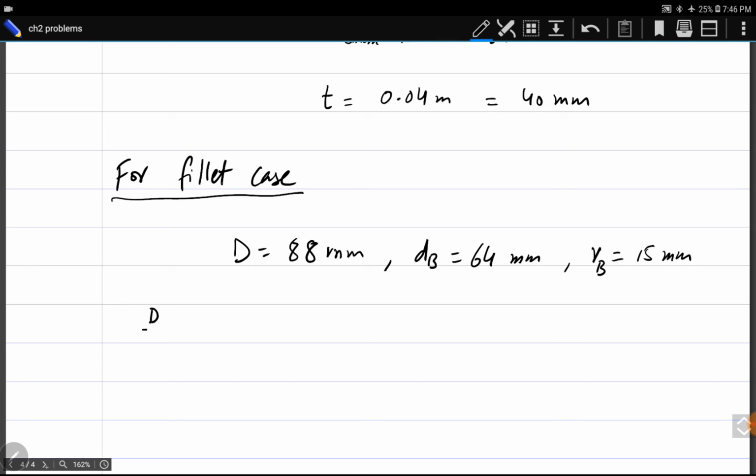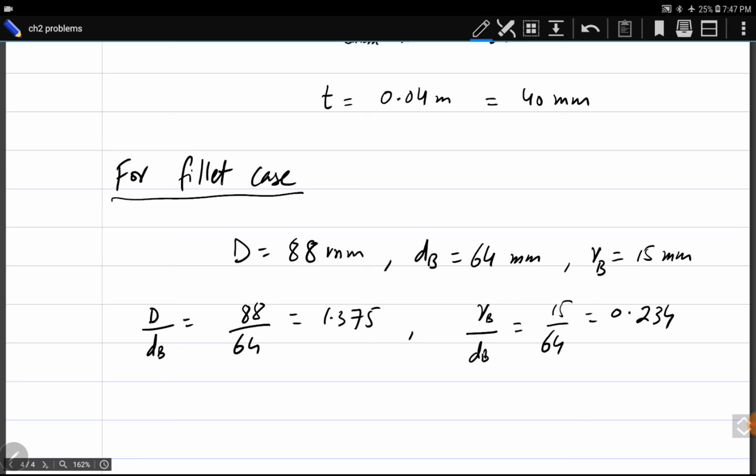So capital D over small d ratio is 88 over 64. It becomes 1.375. Small r over small d ratio is 15 over 64. It becomes 0.234.